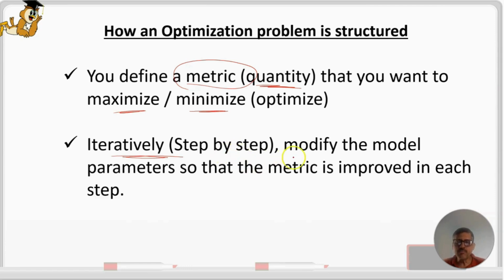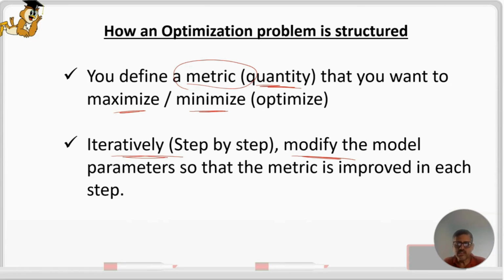You modify the model parameters. Okay, so what you would typically have is a model which has certain parameters that you can vary. In the context of the binary linear classifier, we would be varying the weights or the coefficients of the feature variables. Those would be the parameters in our control.